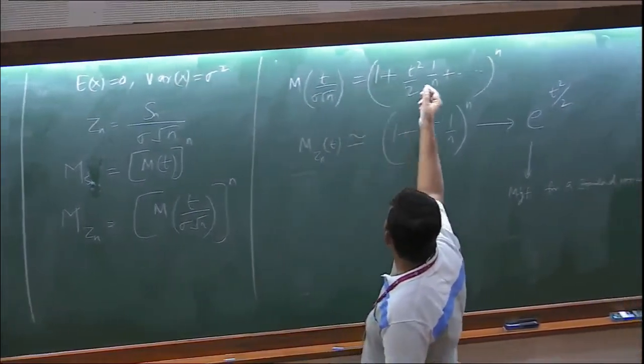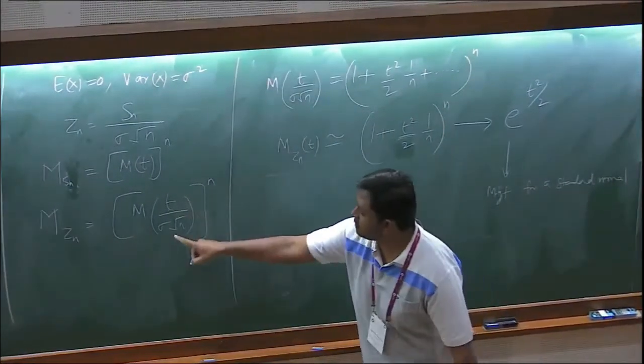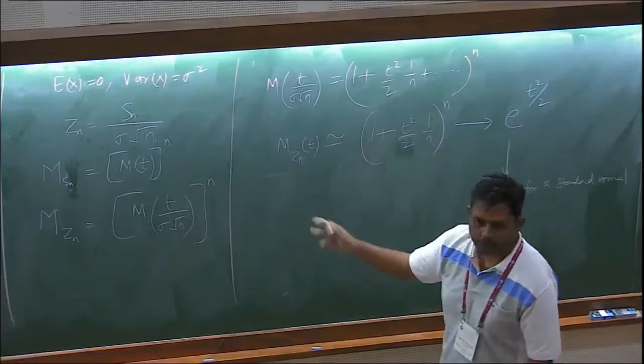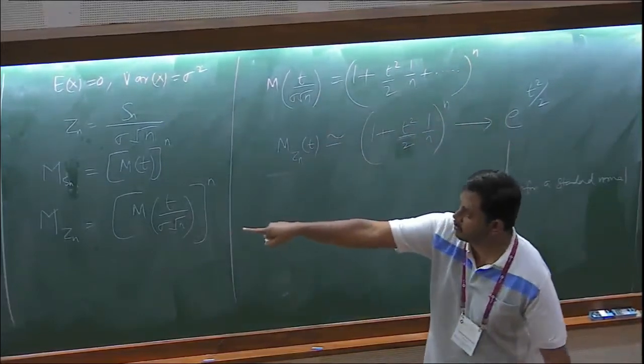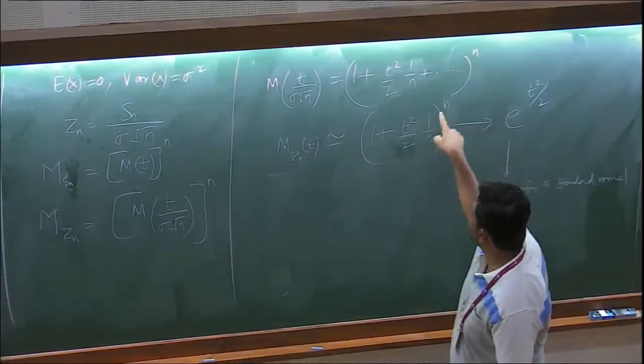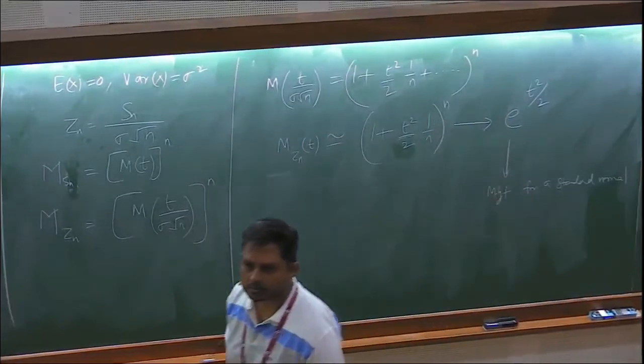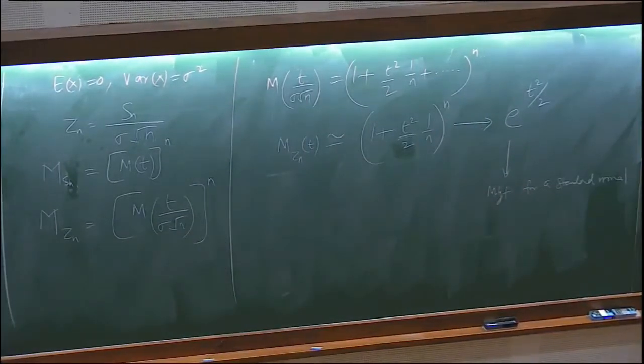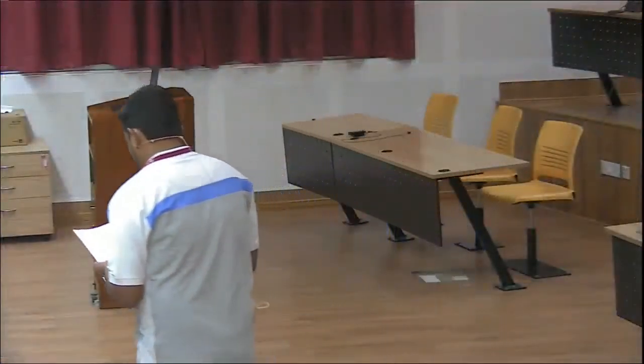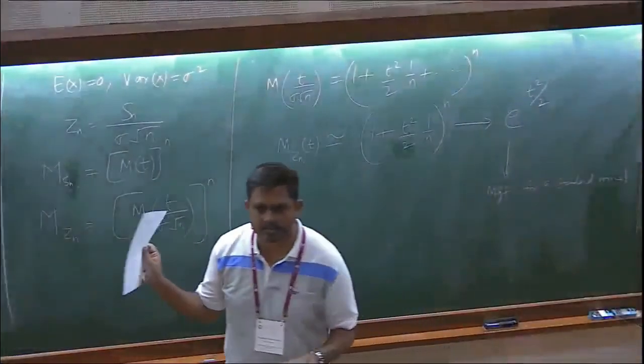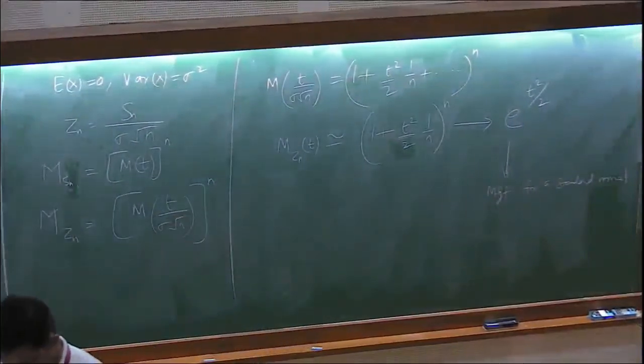So m of t by sigma root n, you can do a Taylor expansion. Whole to the power of n is what you want. And that in the limit n tending to infinity will turn out to be the Gaussian. So people have seen this, right? The central limit theorem, everybody has seen. Okay.